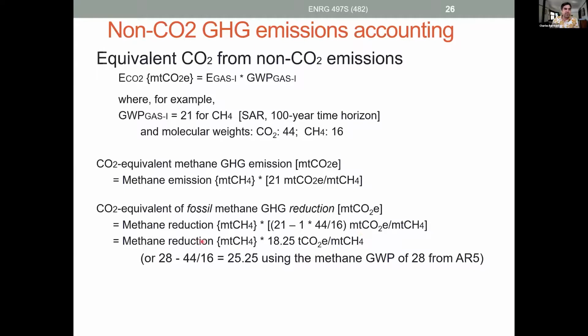So, methane reduction from flaring, a metric ton of methane: you take the molar mass, the GWP of the methane, and then subtract the ratio of molar masses, because you're turning the mass of methane into CO2, and say, I actually saved 8.25 tons of CO2 equivalent by burning that methane.